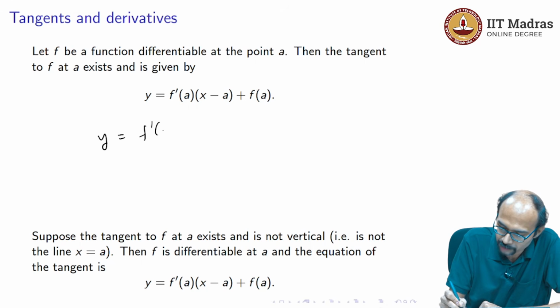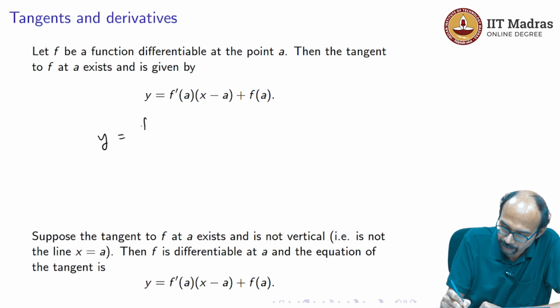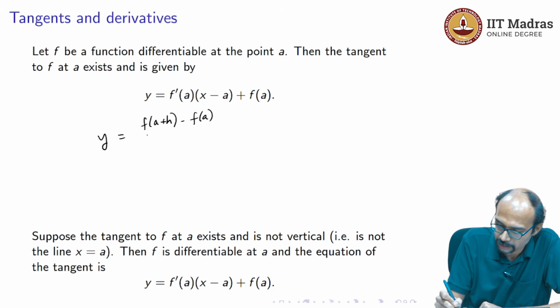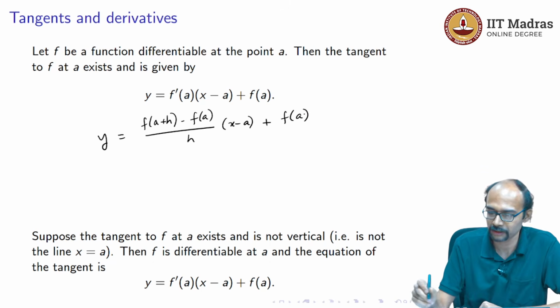So, if I take the f of a on the other side, we had y is f of a plus h minus f of a divided by h times x minus a plus f of a. This was the expression.